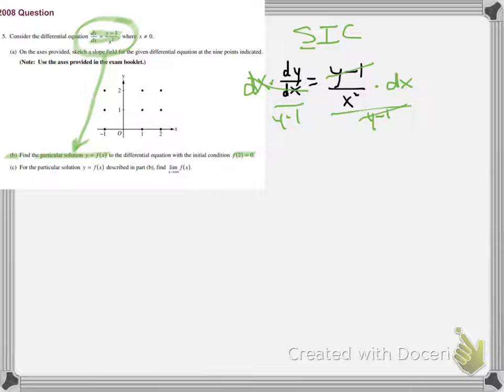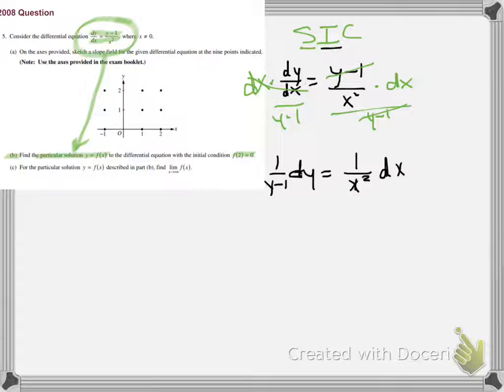So then what I'm going to get is 1 over y minus 1 dy equals 1 over x squared dx. That doesn't look like a very good x squared, does it? Now, I chose to write these in that fashion because I know my next step is to integrate both sides.